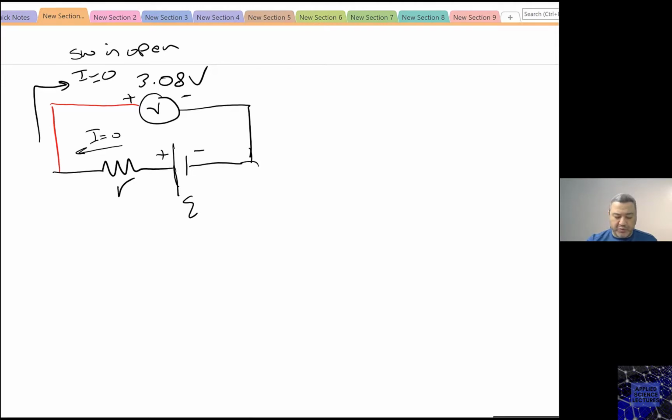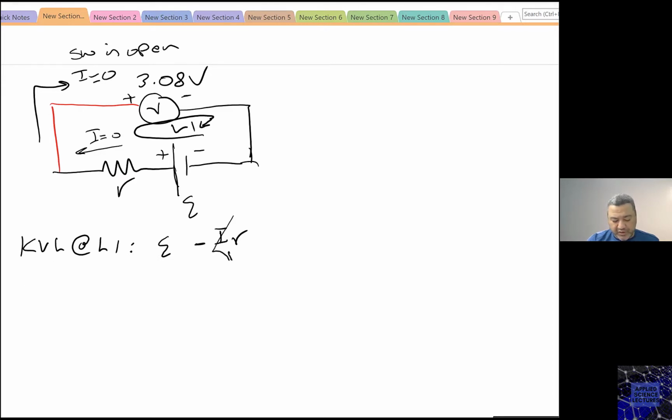So if I am now to write the KVL, let me take a loop. This is my loop. So if I write my KVL at loop 1, the electromotive force is positive because it's entering the negative. And now the loop is parallel with I, so this one is minus I R. However, I is zero because the switch was open and there is no current flowing.